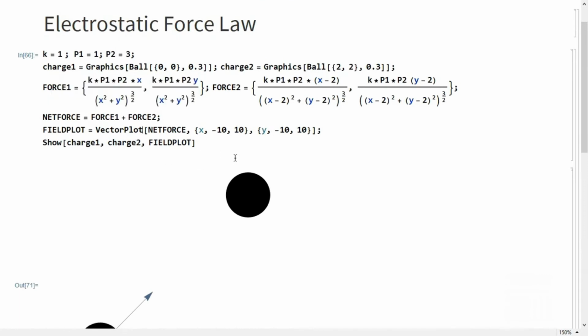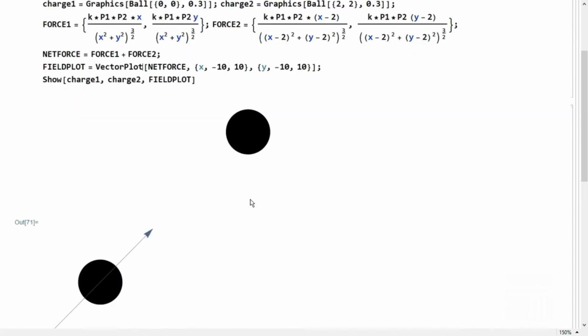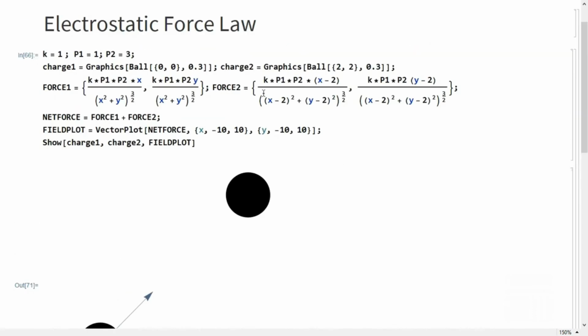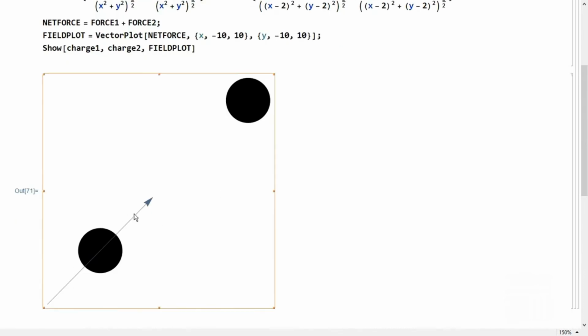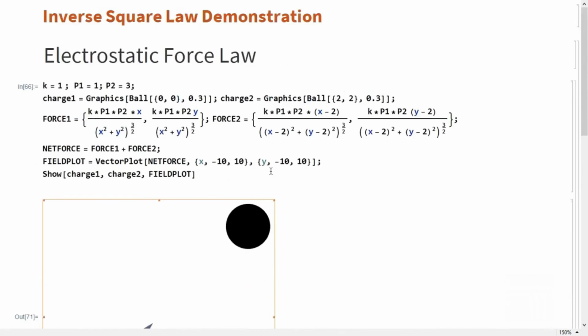We'll see what happens, because the reason this vector plot is not behaving nicely is either coming from a glitch, because there is just too much numerical thing, or the other thing might be is that these vectors are getting cancelled out very fast. So this graph is actually a glitch, because you can see that there is a vector going through this ball and it doesn't make any sense.